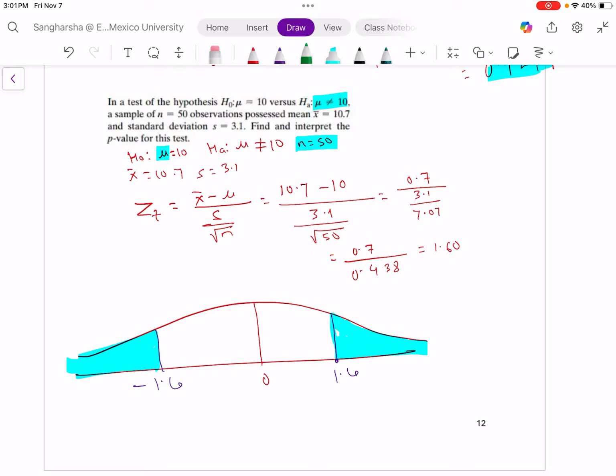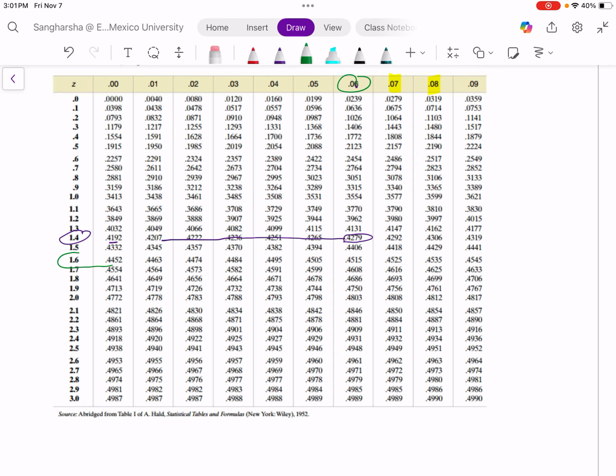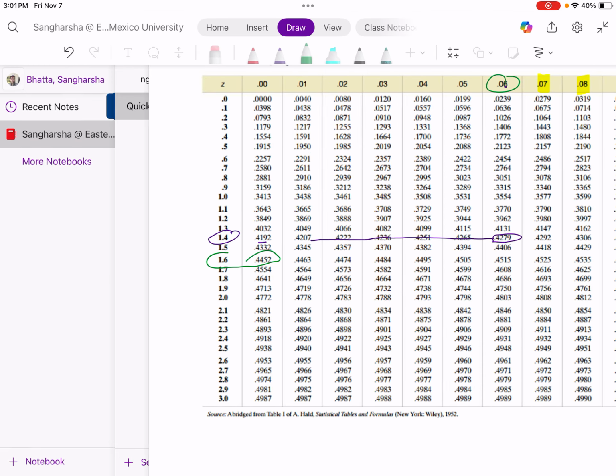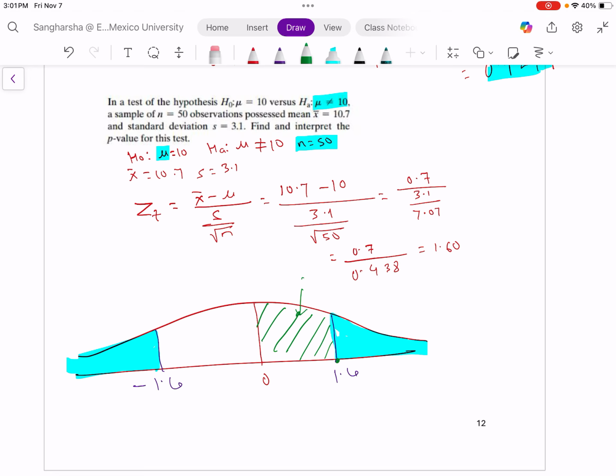Now let's go ahead and find this area. Since we know the z for this point is 1.6, from our normal table, 1.6 and 0.04 gives 0.4452. In a similar way, this area would also be 0.4452.